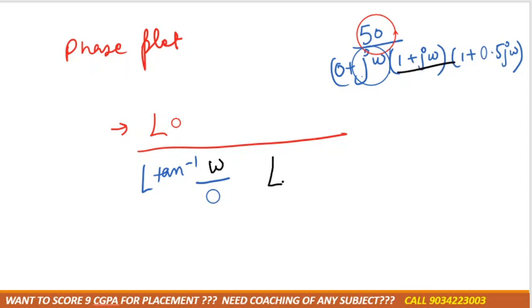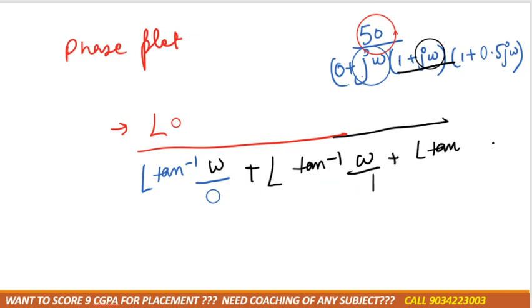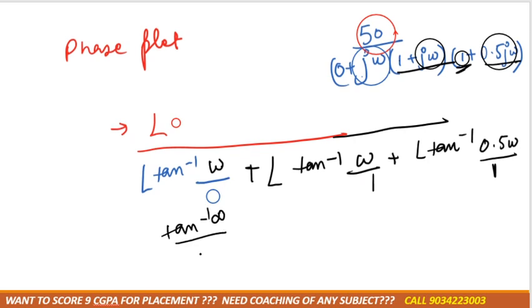Now for this one, angle is tan inverse of the imaginary component divided by the real component. Imaginary component is omega, real component is 1, right? Then again plus angle tan inverse of imaginary component 0.5 omega divided by real component 1, right? So anything divided by 0 is always infinity. So tan inverse infinity. And you know what is tan inverse infinity? Can you tell me?